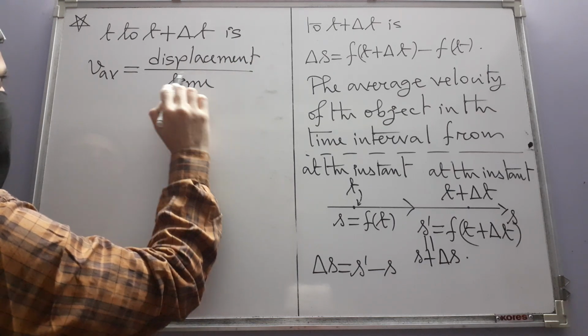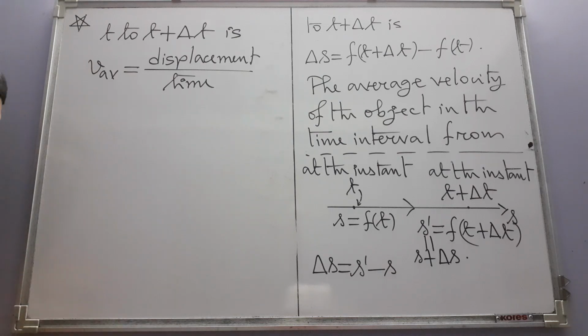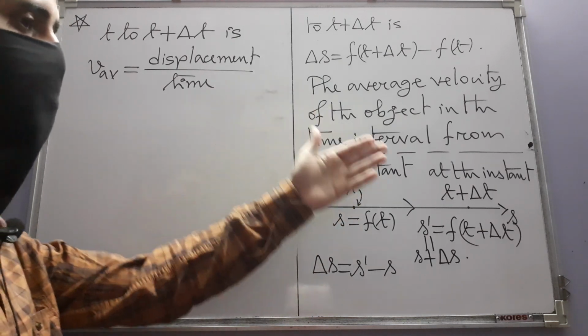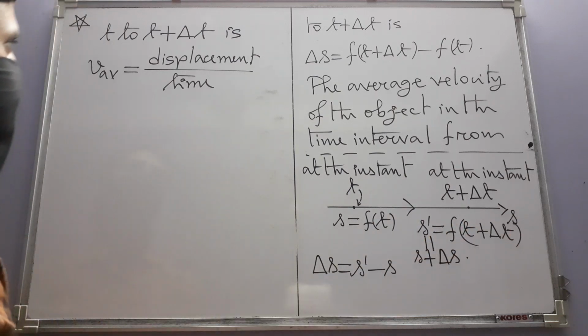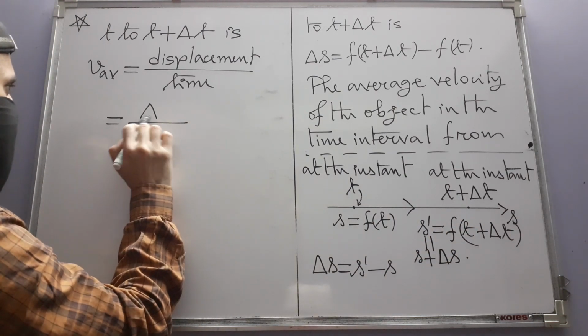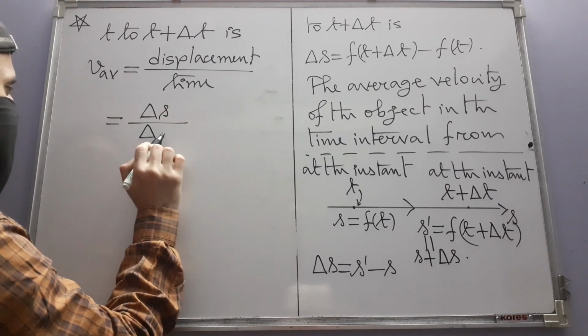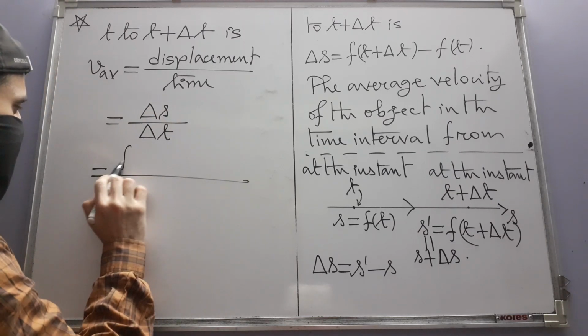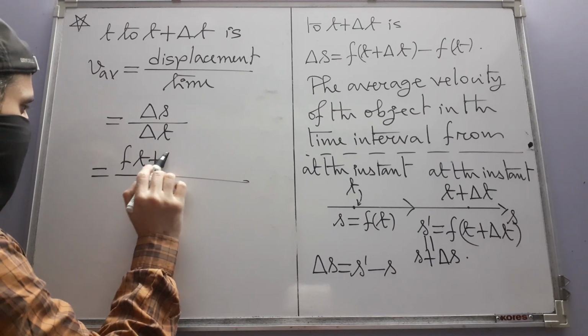Displacement divided by time. Although we have simply written time here, it's the length of the time interval between the time instants t and t plus delta t. So this is delta S divided by delta t. Now if you write what delta S is, it assumes the form this.